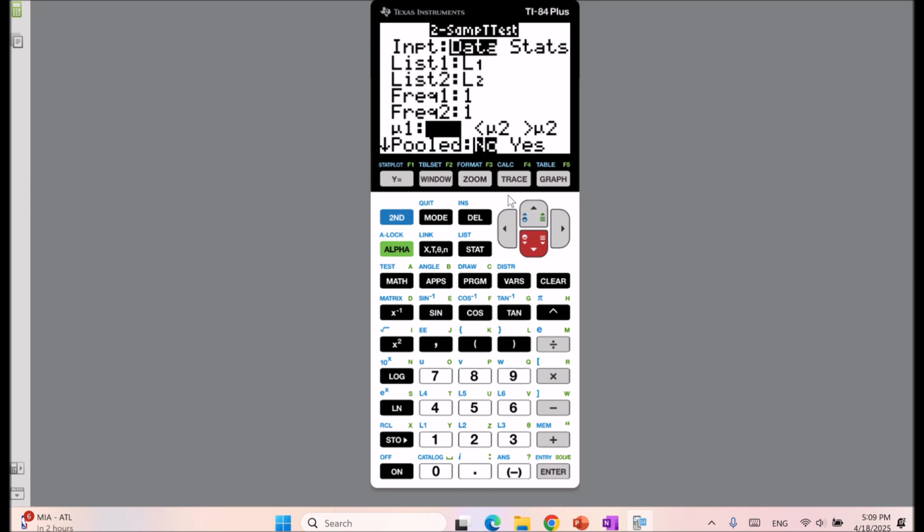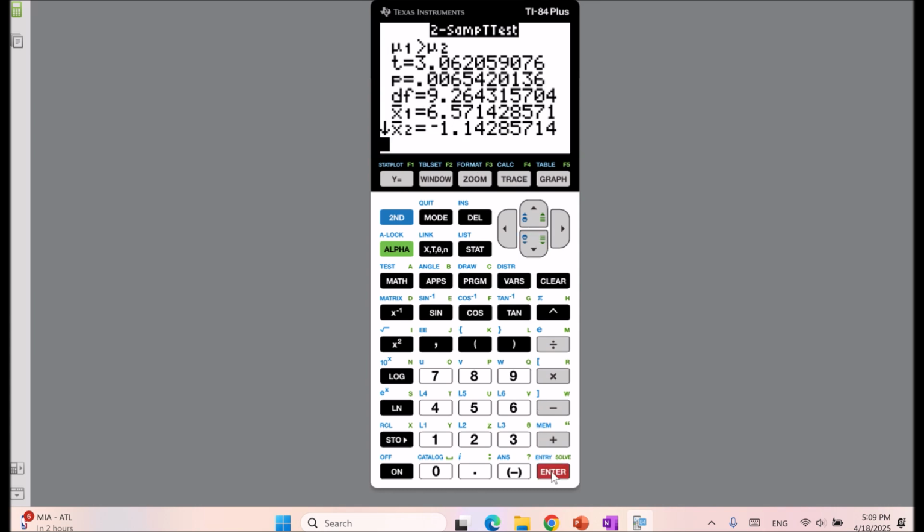Now here, it was a one-tailed test. We wanted to see if the blood pressure decreased, and that decrease meant greater than 0. So we're going to put greater than. And never choose yes for the pooled. Just leave it at no. And then we're going to go to calculate.